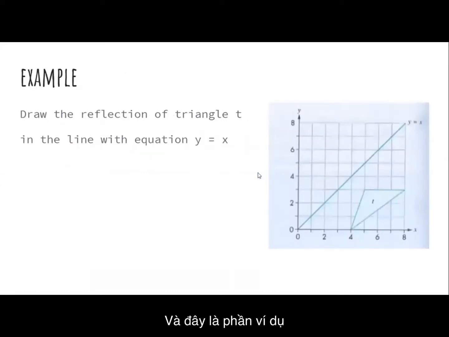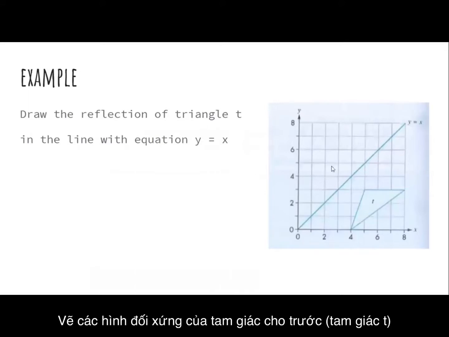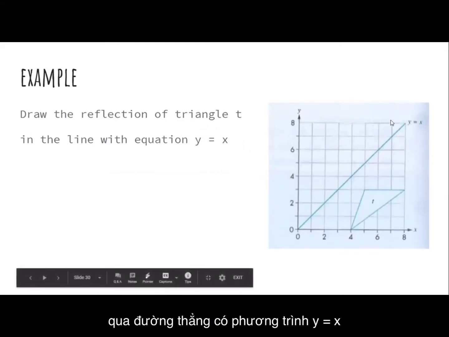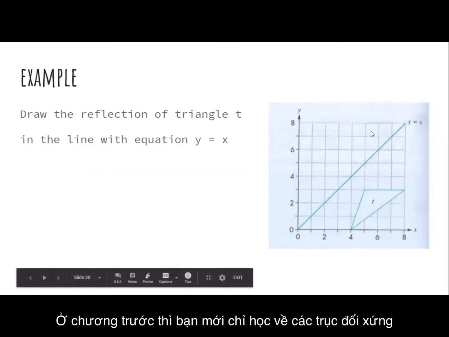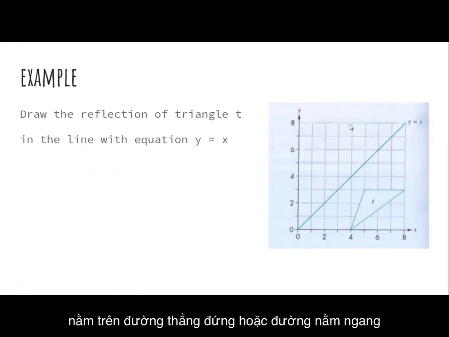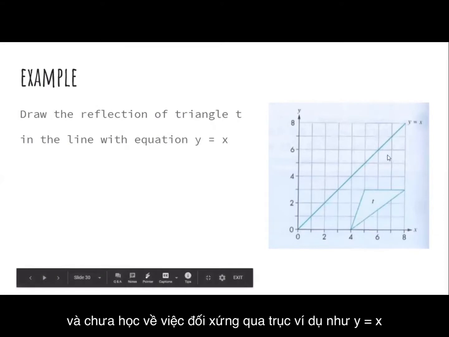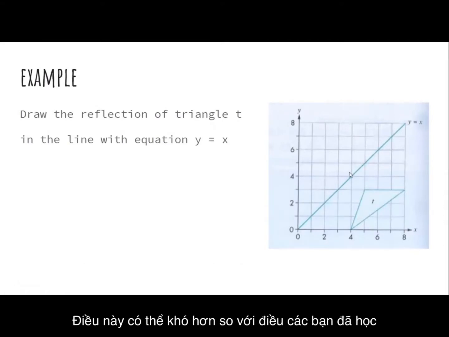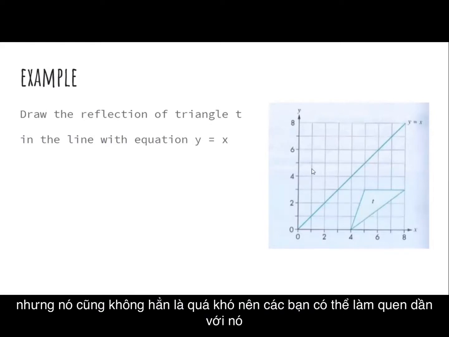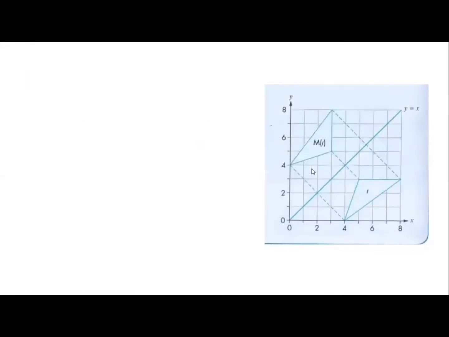Like this, for example: draw the reflection of triangle T in the line y equals x. In the previous chapter, you just learned about mirror lines that were vertical or horizontal, but now it's y equals x, and I think this is a bit more difficult, but it's not that hard, so you can try it.